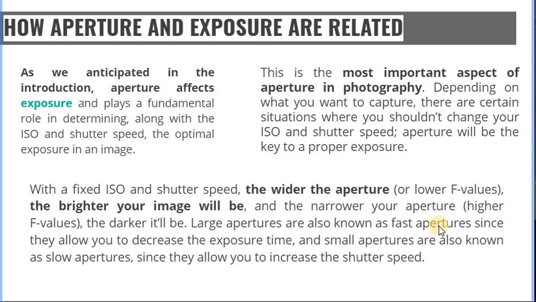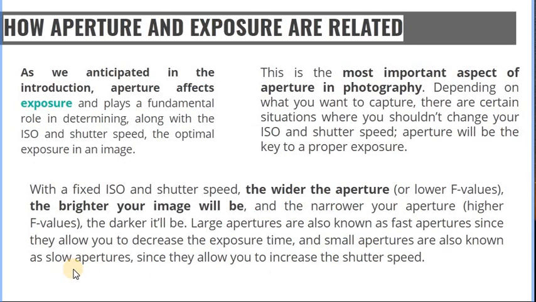For example, daylight. Kapag naka-large aperture ka naman na, kailangan ang shutter speed mo, mabilis lang. 'Di ba? Bakit? Kasi maliwanag naman na, tapos malaki pa ang butas ng iyong aperture. Ngayon naman, yung small apertures or yung maliliit na apertures or yung small opening, ang tinatawag nilang slow apertures.